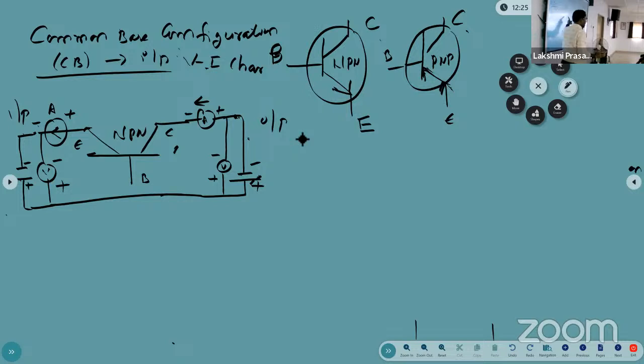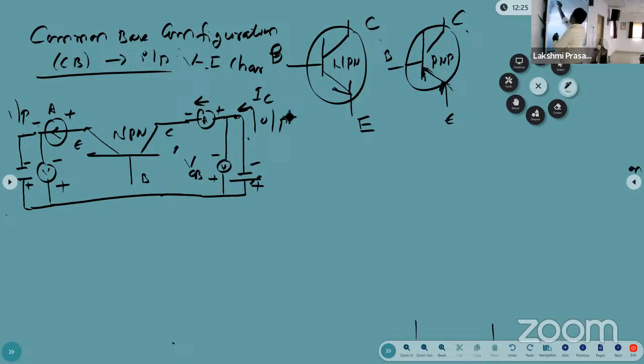What is the voltage here? The voltage between which terminals are we taking? The collector to base voltage. On this, if the current is there, that current is called the collector junction current. Okay, so collector current.